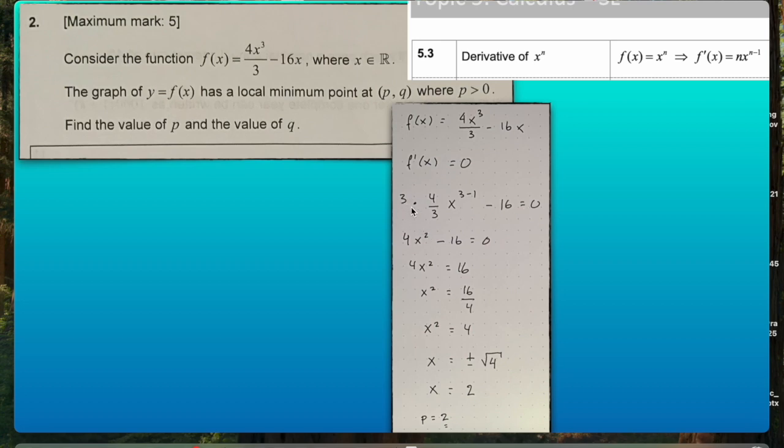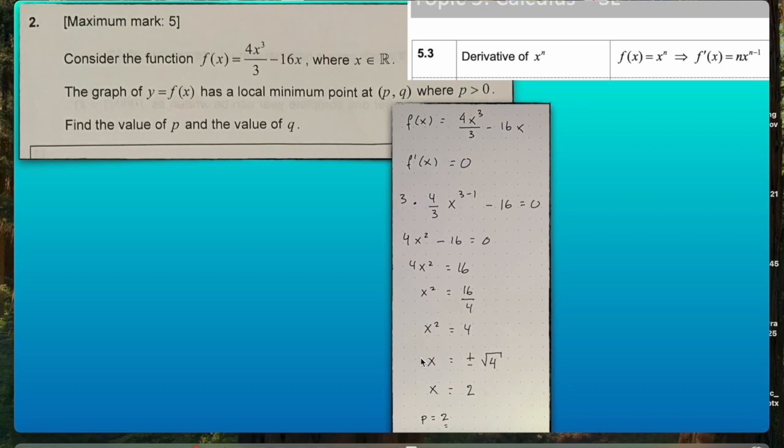And then 3 times 4 over 3 is just 4. So we have 4x squared subtracted by 16 is equal to 0. And then we add both sides by 16 to get this equation. And then we divide both sides by 4 to get this equation. And then we apply square root.